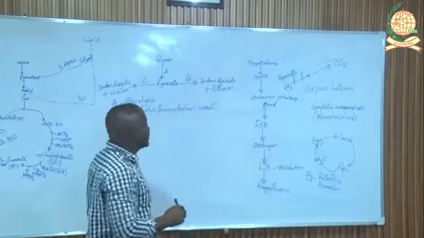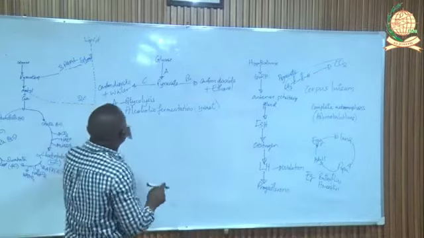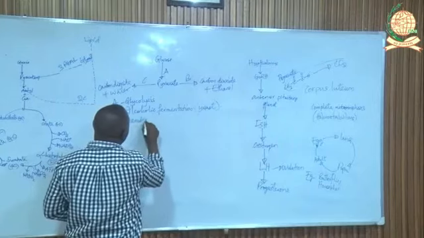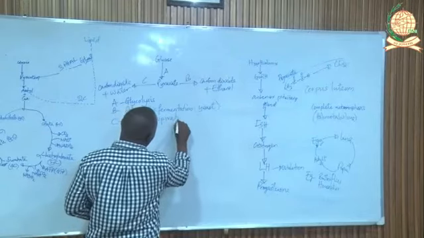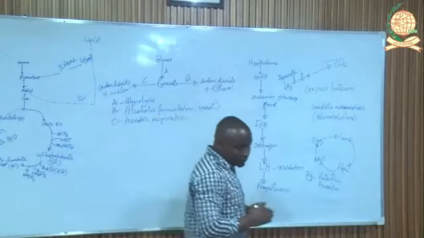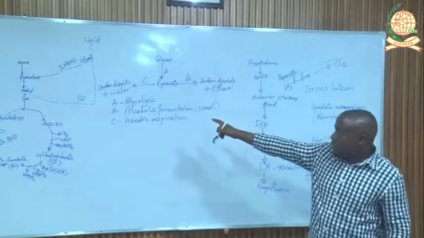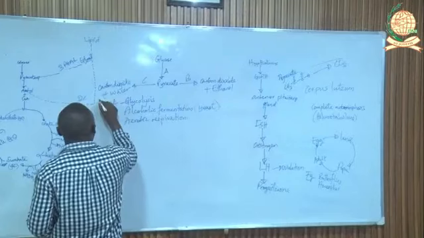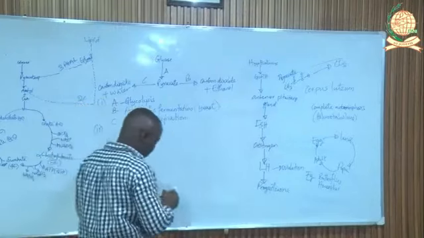C is aerobic respiration, because it forms carbon dioxide and water. That's C Roman 1.